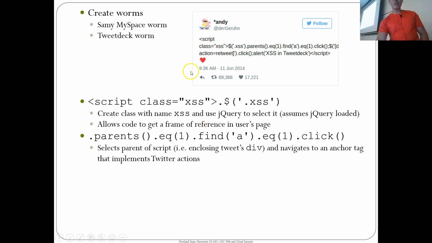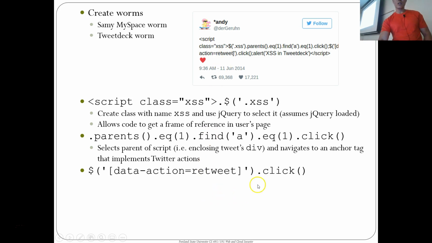If you look at the links in the parent, there are these replies, there's the retweets, there are the likes. And so what it does, if you look at this, is it tries to click on the link that is the retweet link. It goes ahead and uses JavaScript to click on that link. And so this is how it propagated.